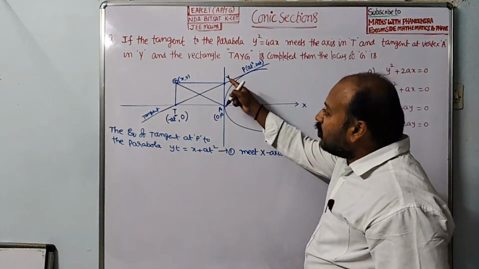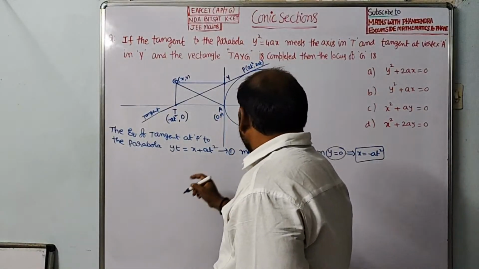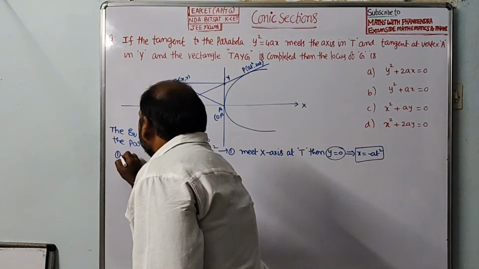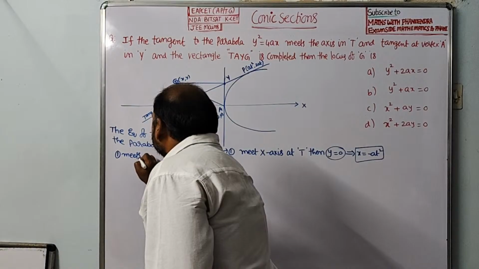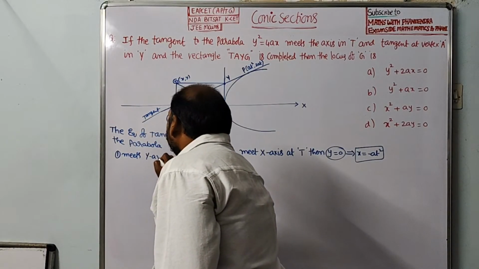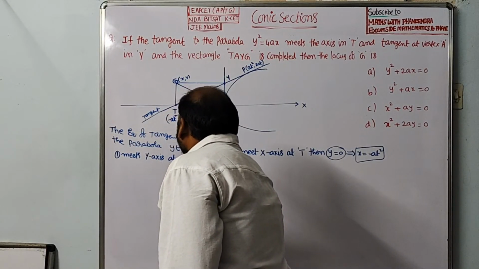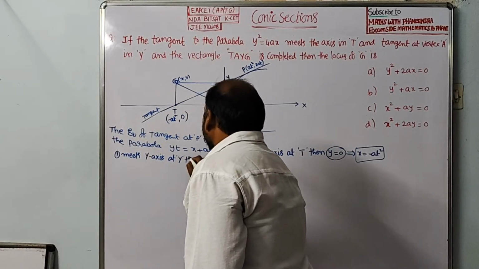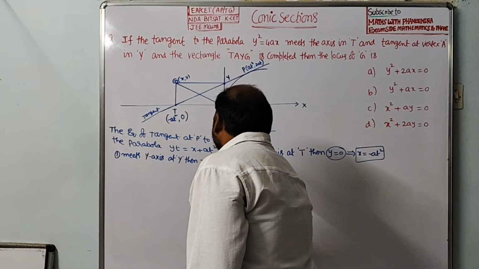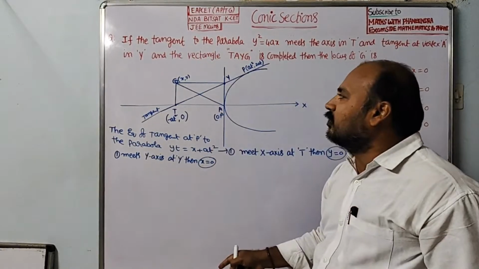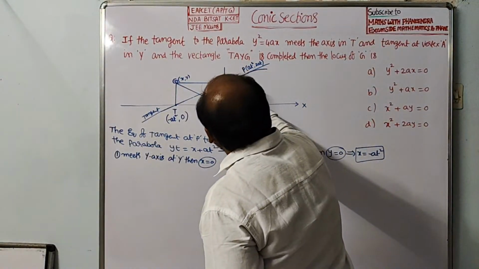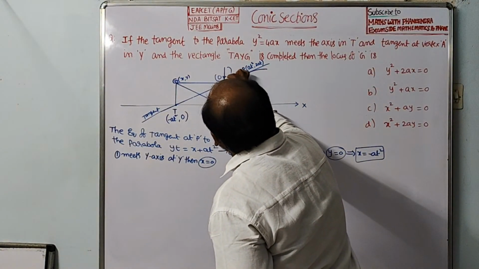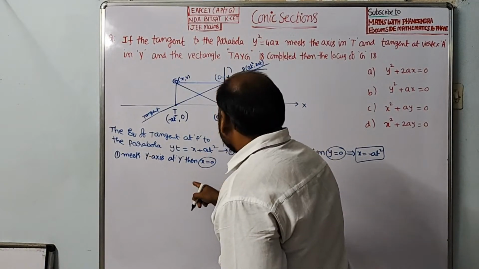Next, equation 1 meets the y-axis at Y, then x is equal to 0. On the y-axis, x equal to 0. Whenever x is equal to 0, the coordinate of y will become (0, y).